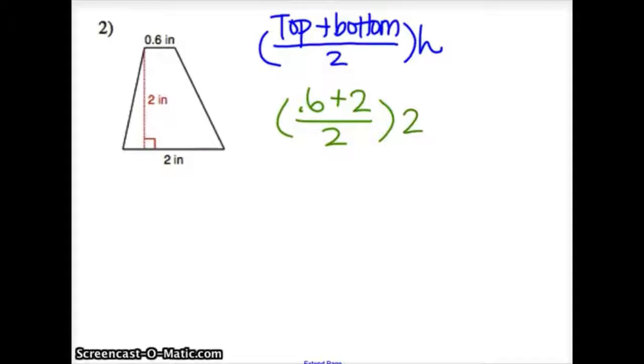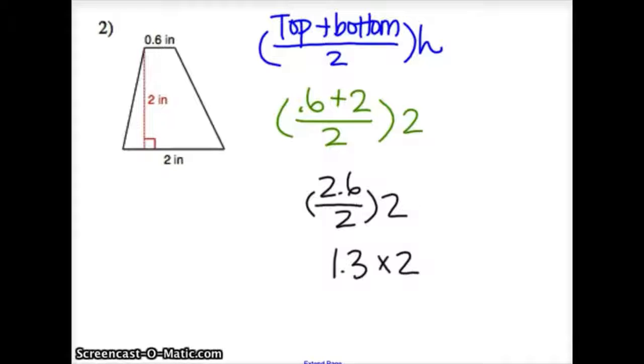So 0.6 plus 2 is going to give us 2.6 divided by 2 times 2. 2.6 divided by 2 is 1.3 times 2, and the area is going to equal 2.6 inches squared.